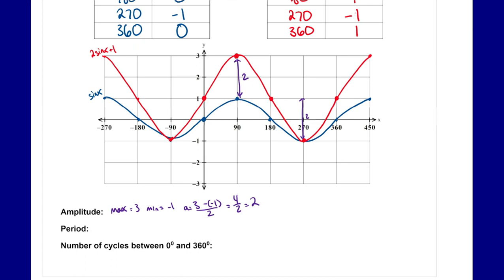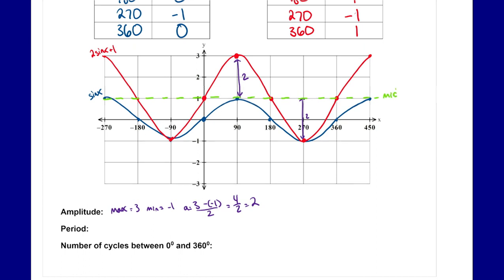The amplitude, we talked a little bit about it in the previous lesson, is half the distance between the max and the min, but it's also the distance from the max and min to the midline. With our sine and cosine wave, there is going to be a midline. The midline is basically an imaginary line that cuts our function in half.